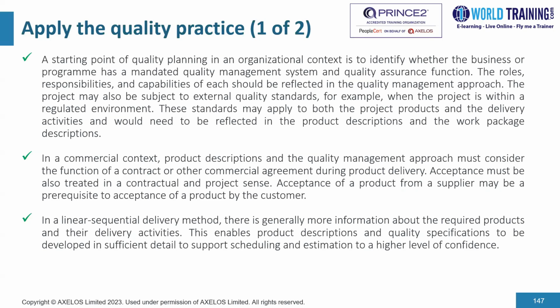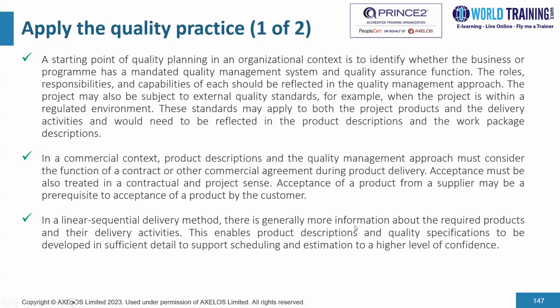On the other hand, in a linear sequential delivery method, there is generally more information about the required products and the delivery activities. This enables product descriptions and quality specifications to be developed in sufficient detail to support scheduling and estimation to a higher level of confidence.